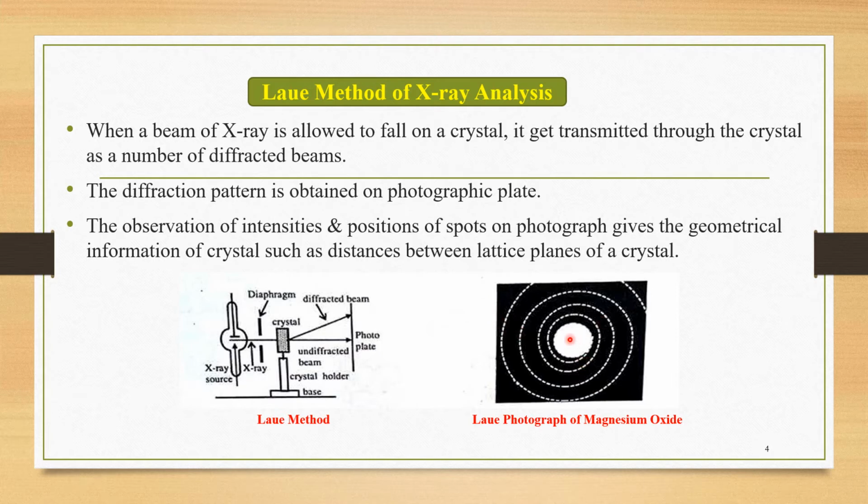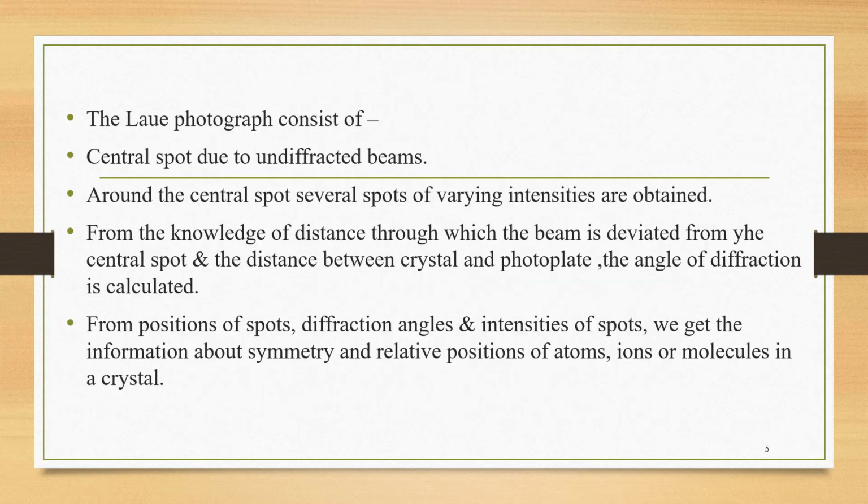The centrally situated part in this photograph is due to the undiffracted beam. So this central part is the notation for that particular undiffracted beam. On the other hand, there are a number of other spots surrounding this central spot. Those spots are due to the diffracted beam. Now if we observe the intensity and the position of these spots, we can guess the distances between the lattice planes of a crystal. So this method is called the Laue method of X-ray analysis.